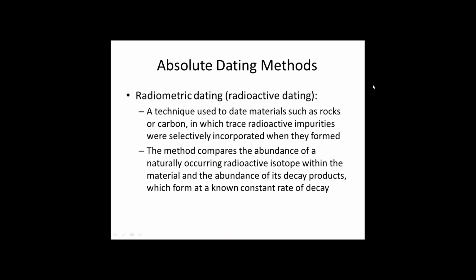That sounds a little complicated, but basically this method compares the abundance of a naturally occurring radioactive isotope within the material and the abundance of its decay products, which form at a known constant rate of decay. With this comparison, scientists can approximate exactly how old this rock or organism is.